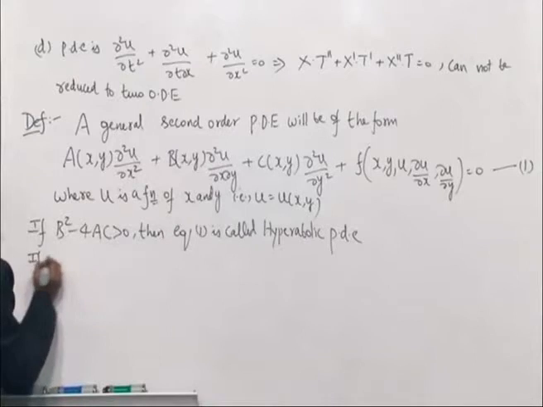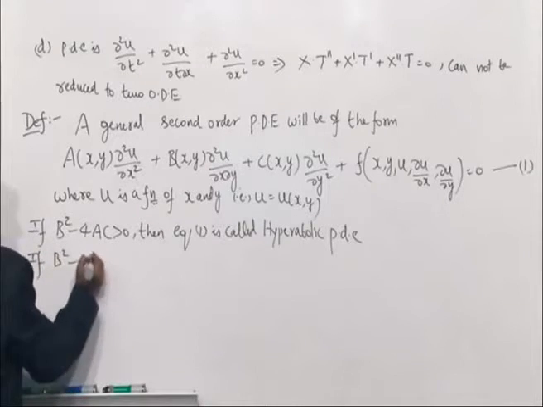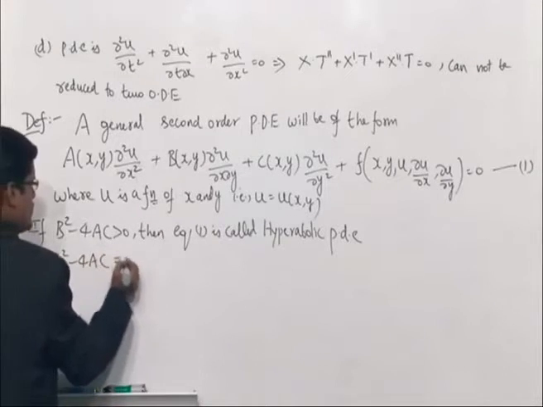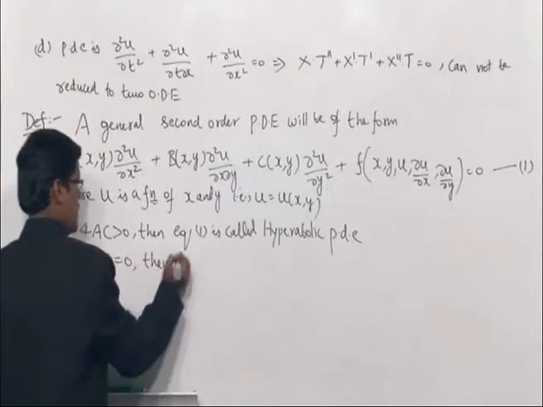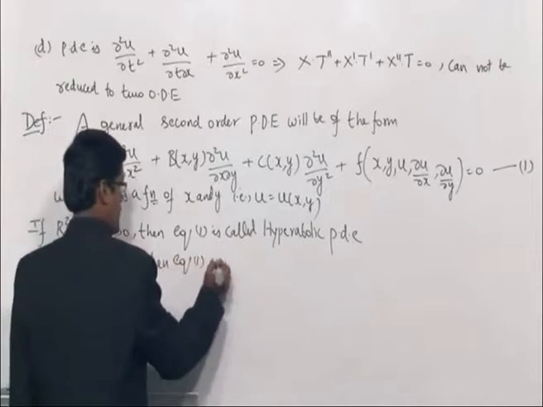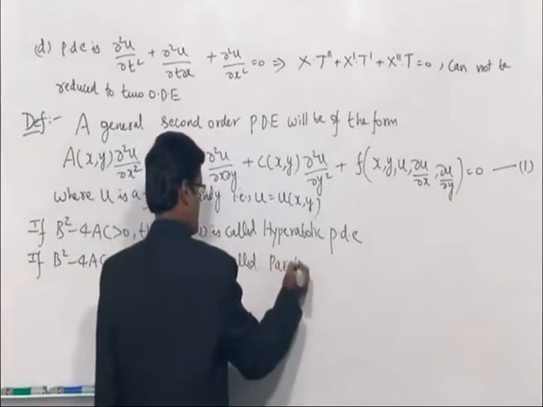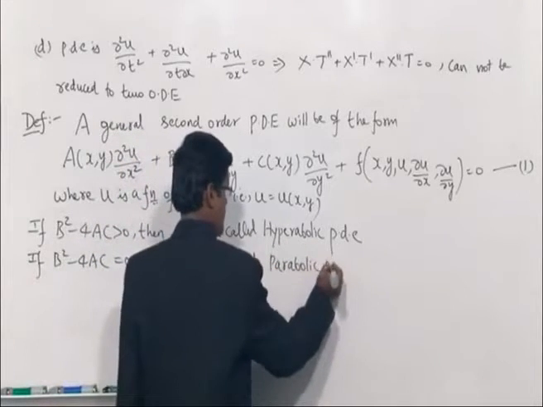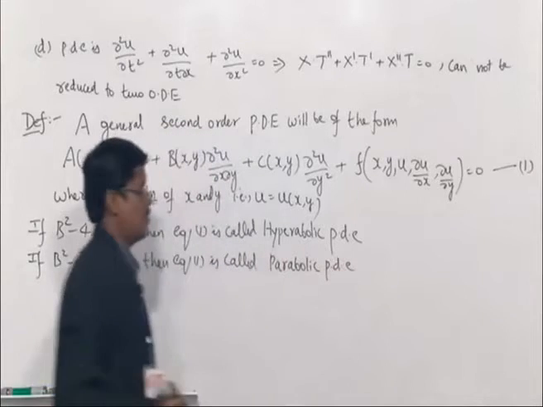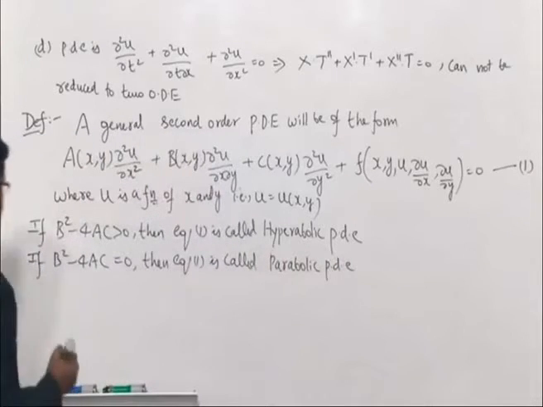If b square minus 4ac is equal to 0, then equation 1 is called parabolic PDE. Parabolic PDE.